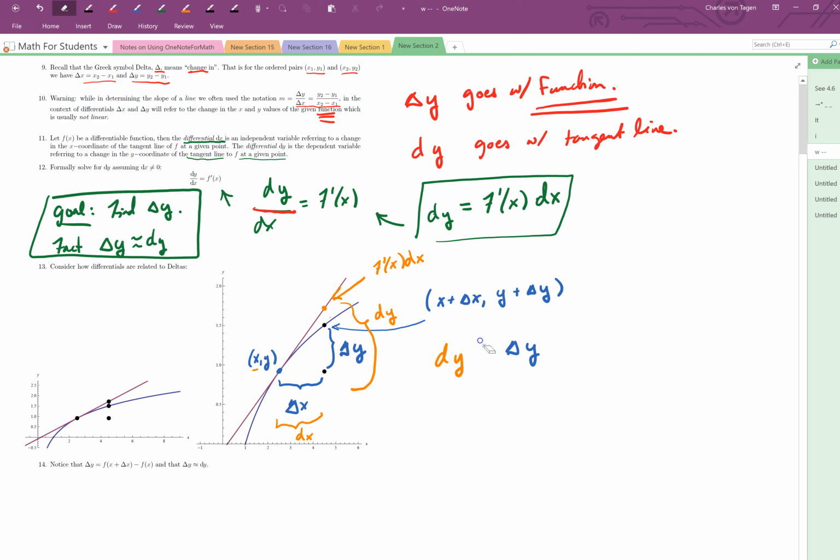Differential y here is approximately delta y, and we can see that from this diagram. And if you don't agree, if you say, well, that's way too much of a change, just simply bring this point in closer, and at some point the differential y and the delta y will be close enough for you to be satisfied with it. Okay?